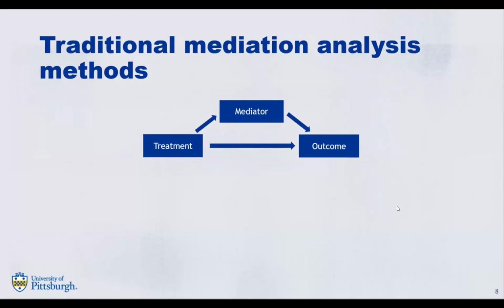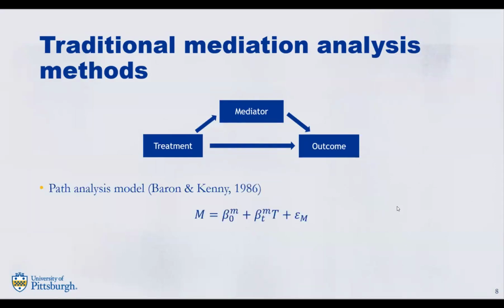And so now we're going to introduce some traditional mediation analysis methods. One most commonly used method is path analysis model, which includes one mediator model, which regresses the mediator on the treatment. And so the pathway from the treatment to the mediator can be captured by the coefficient of the treatment in the mediator model.